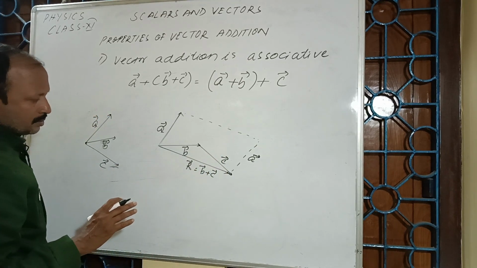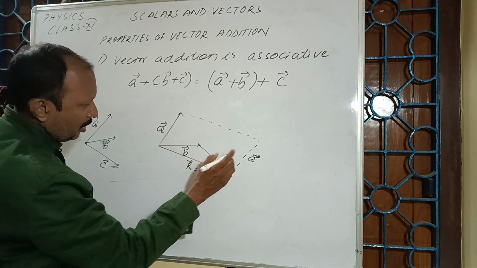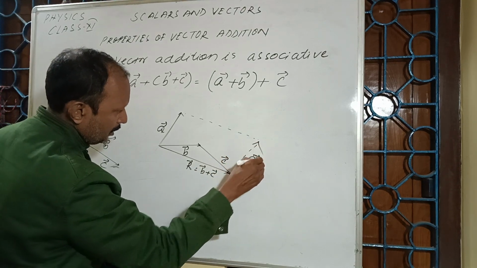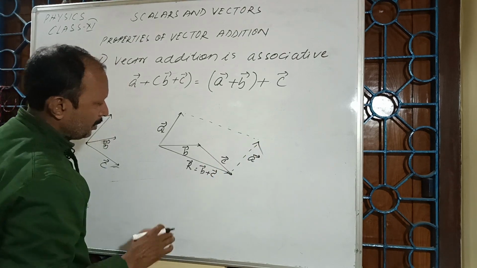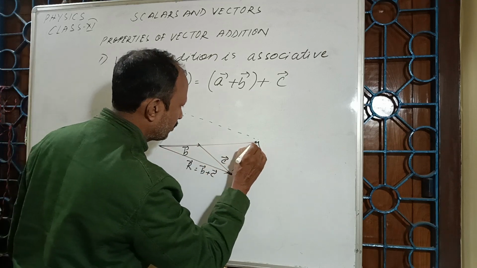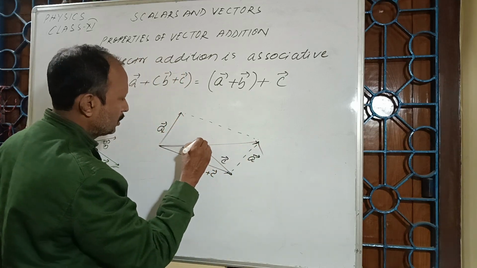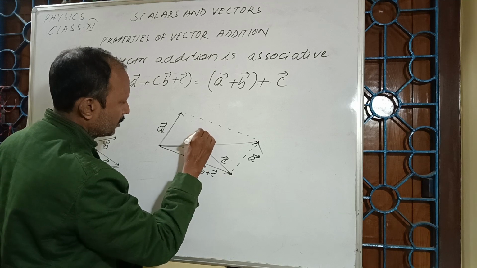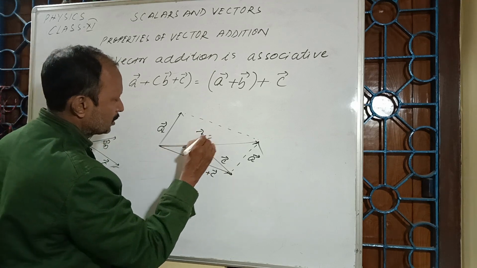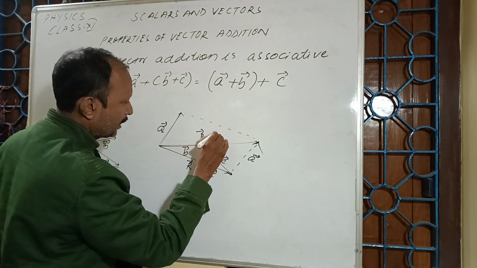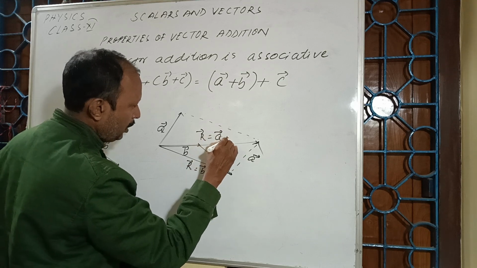So in this case, this is one vector, this is another vector. So the resultant vector will be this one. So this is the resultant vector, which is the addition of a vector A with B plus C.